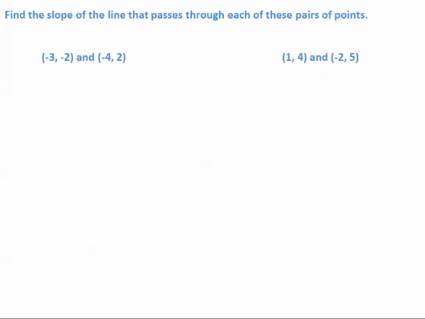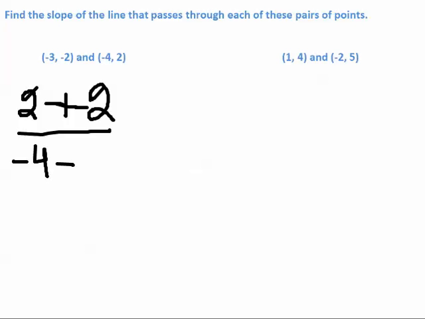We are going to find the slope of these points. We take our y2, which is 2, subtract it from the y1, which is -2. Remember, you still have to write -2, because these two negatives are going to become positive. And then I have my x2, which is negative 4, minus my x1, which is negative 3.